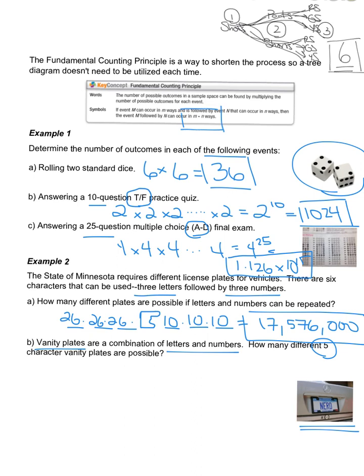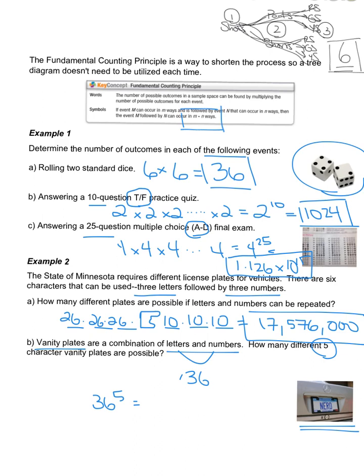When we think about the total number of events between letters and numbers, there's 36 different things you could put in there. So we're not worrying about special characters or anything at this point. It's just letters and numbers. So if we're looking at 5-character vanity plates, we're going to have 36 to the 5th, essentially, because we have 36 outcomes and 5 places to worry about.